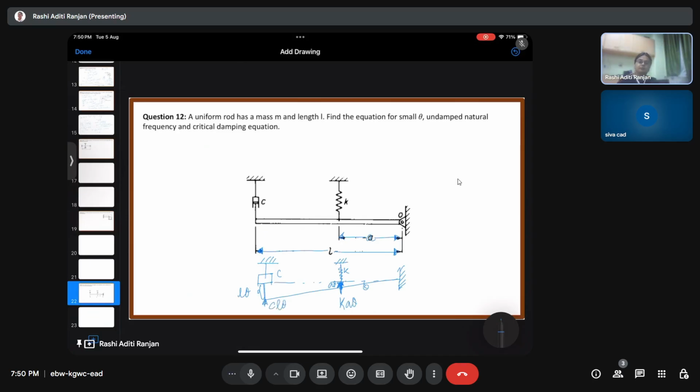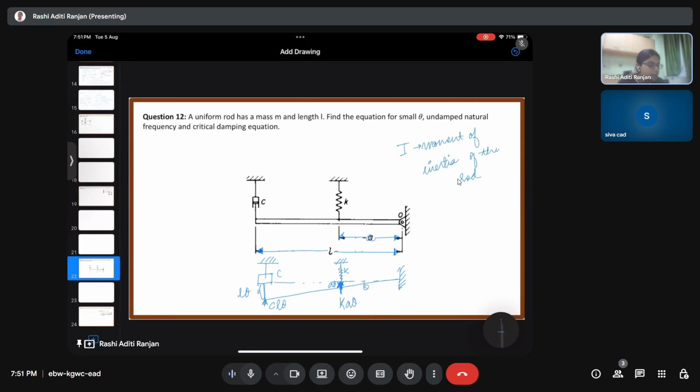Again, over here, we are going to have I, which is the moment of inertia of the rod.